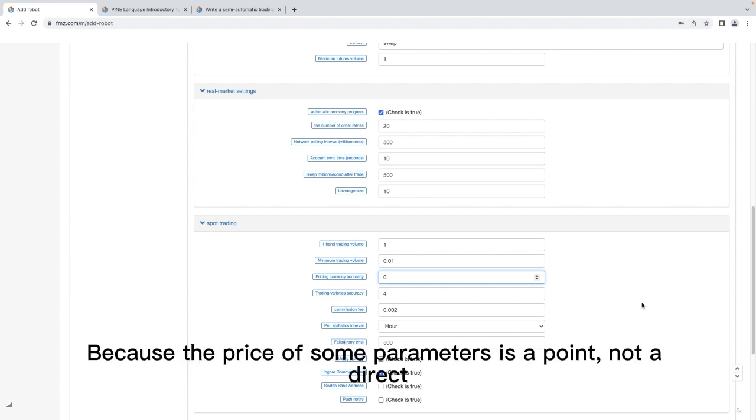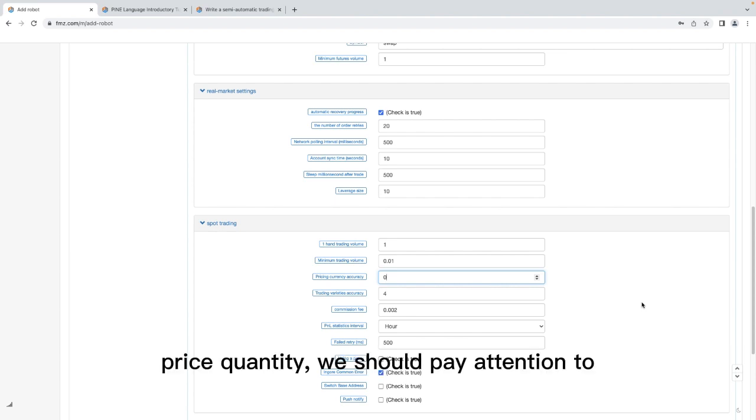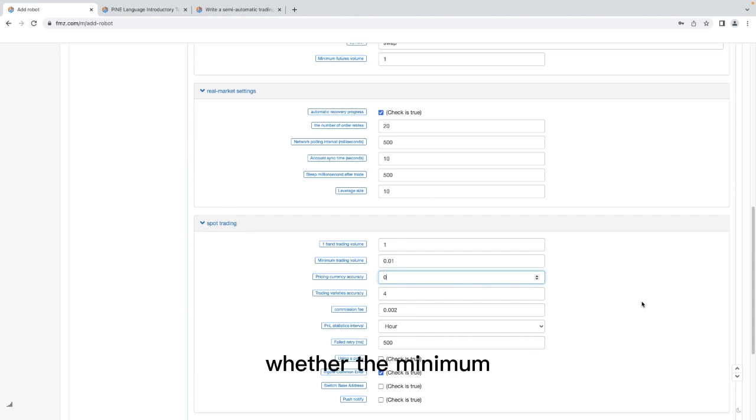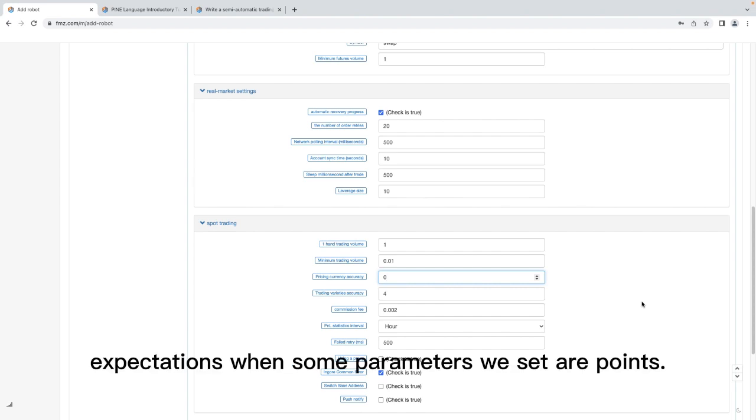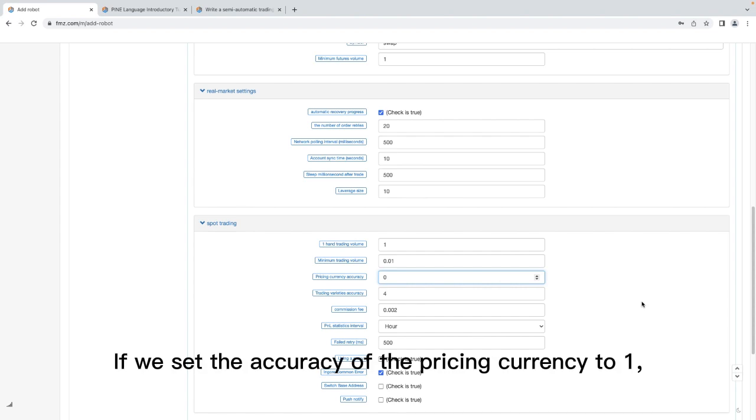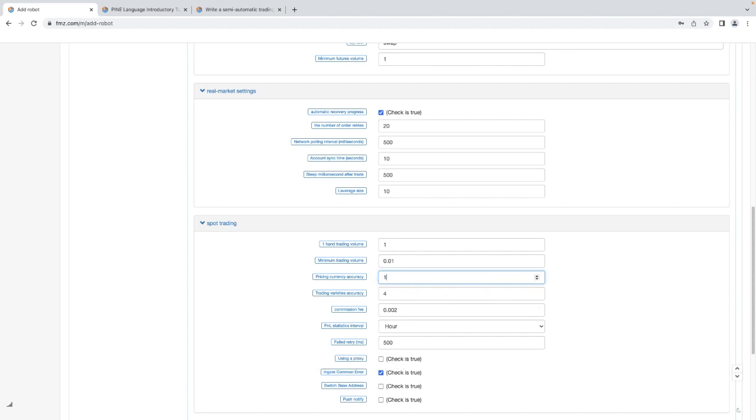Because some parameters are set in points, not as a direct price quantity, we should pay attention to whether the minimum price per jump is appropriate and consistent with our expectations. If we set the accuracy of the pricing currency to 1, its minimum price will change to 0.1 per jump.